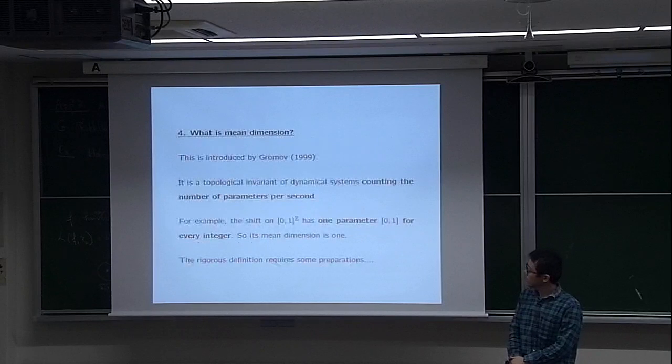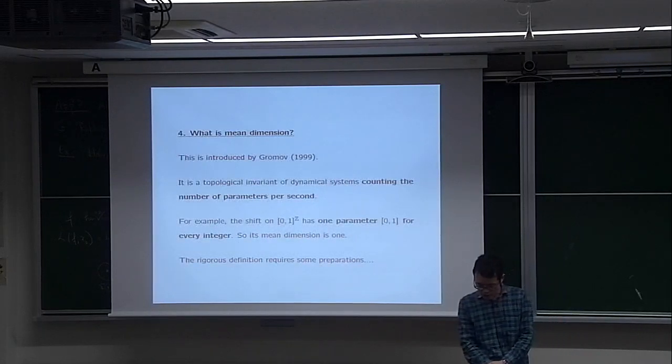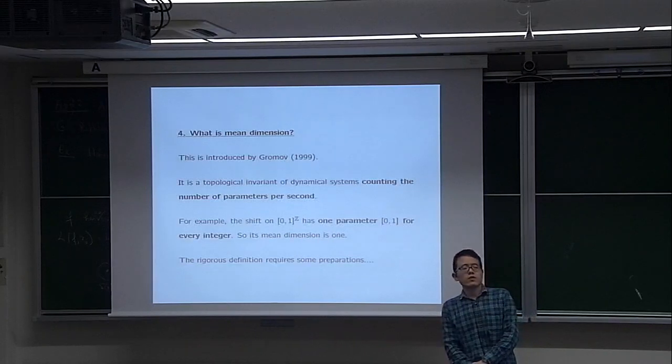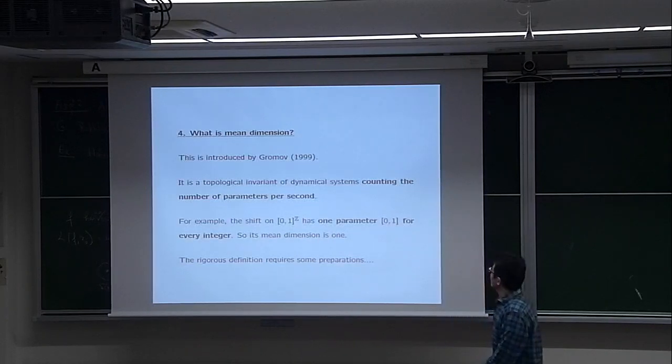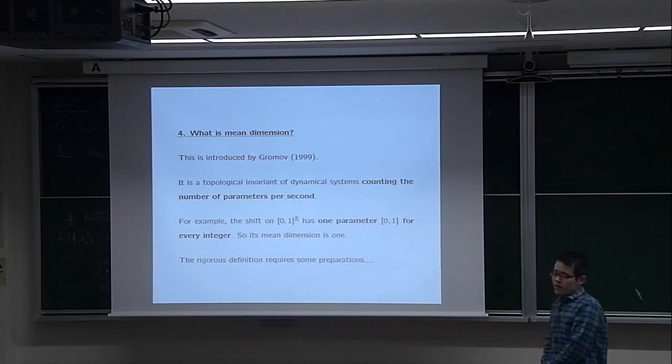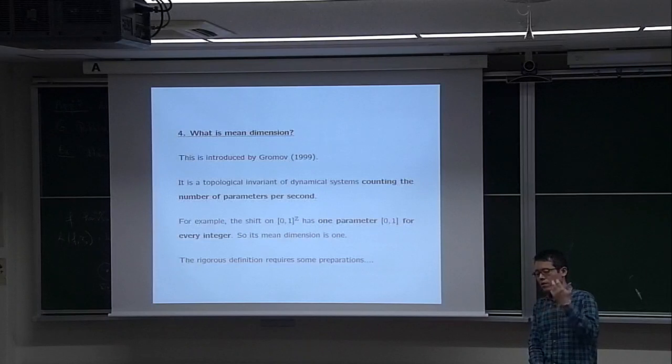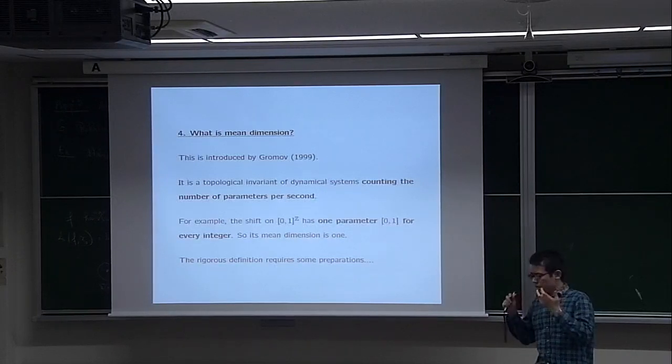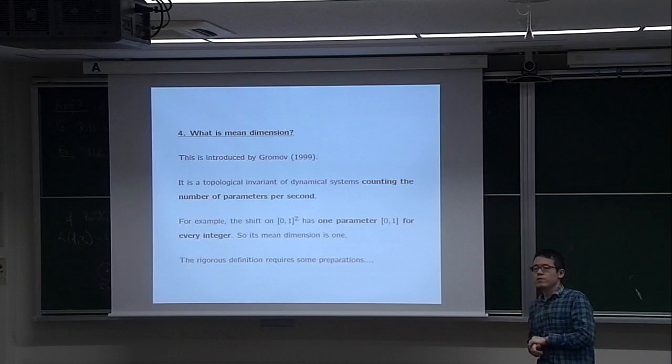Okay, so next I need to explain what mean dimension is. This was introduced by Gromov 20 years ago. It is a topological invariant of dynamical systems, and morally speaking, it counts how many parameters we need to describe an orbit in a dynamical system.